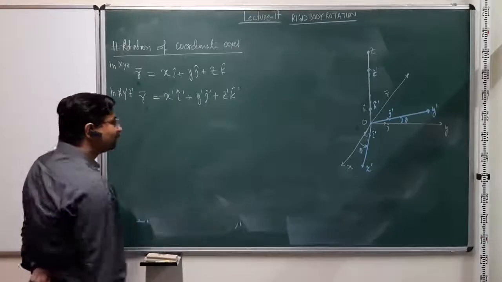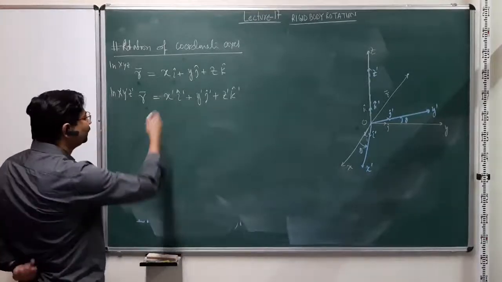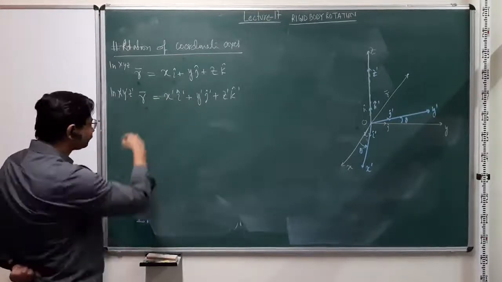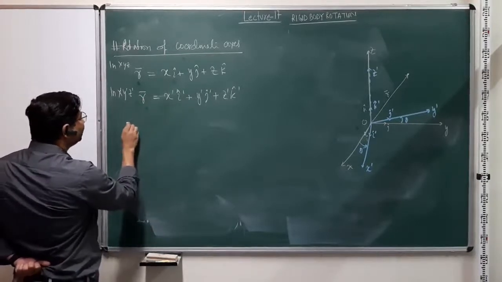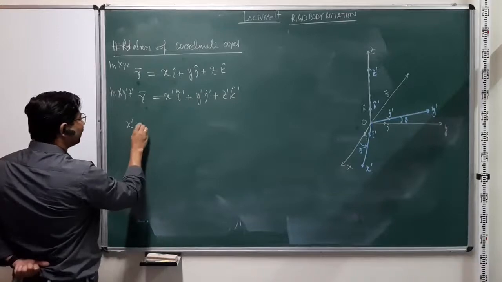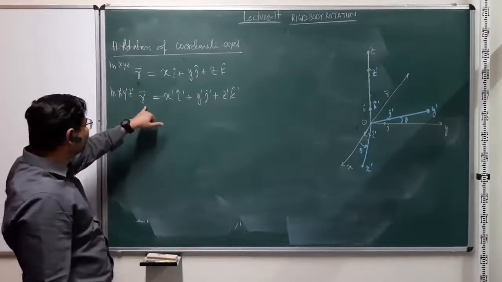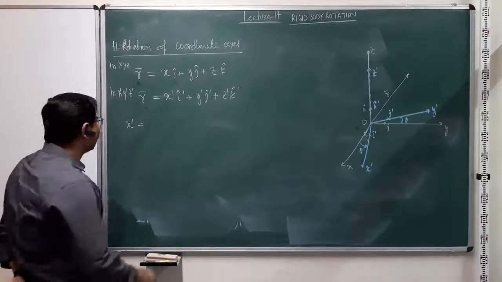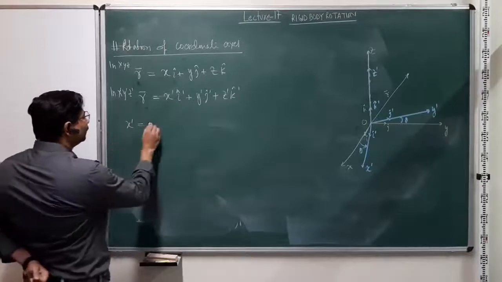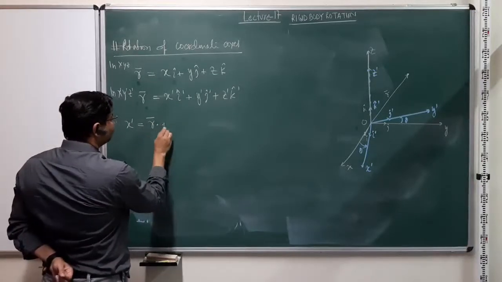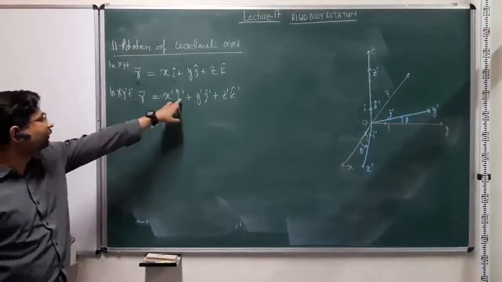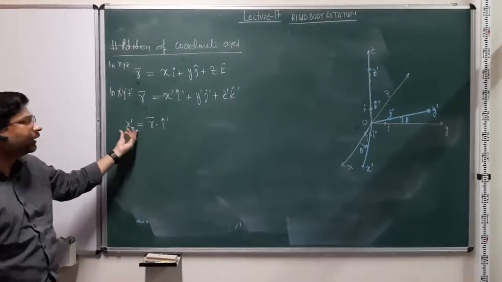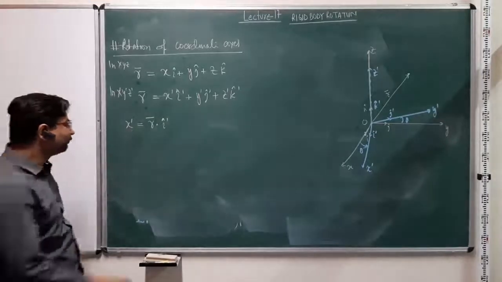And a simple way of doing this, just to show the procedure, is, so let's say what is x prime. We can write down x prime, which is the component of this vector r in I prime, j prime and k prime coordinate frame, as r dot I prime. If I take a dot product with I cap prime, then basically what I get is this component x prime.